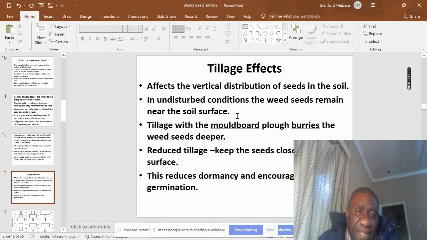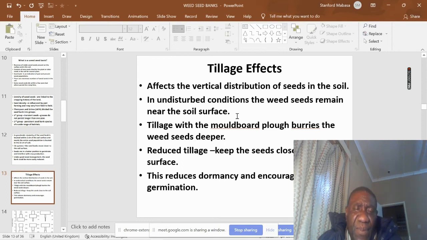Where we have conventional tillage, there could be more or less uniform distribution within the soil profile. But in reduced tillage, weed seeds are concentrated towards the soil surface. No wonder the reduced tillage or conservation agriculture could be associated with the high density of weeds after germination.